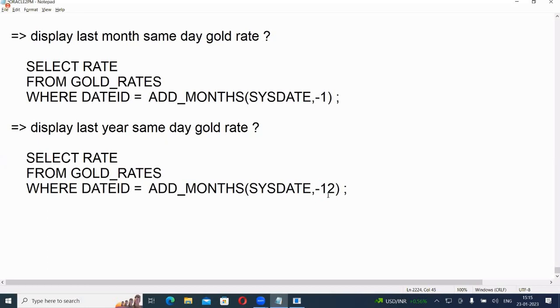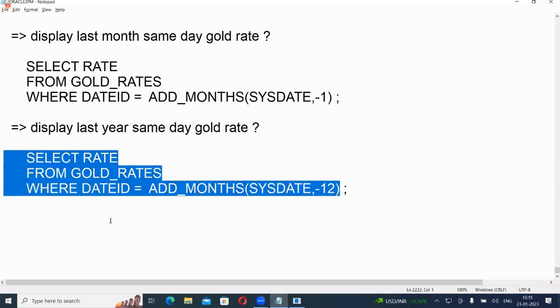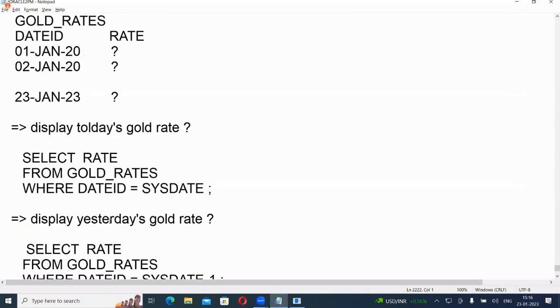Minus 12 means 1 year is subtracted. After subtracting 1 year, what date will you get? 23rd January 22. That's all. So this is the best example where add months is useful.